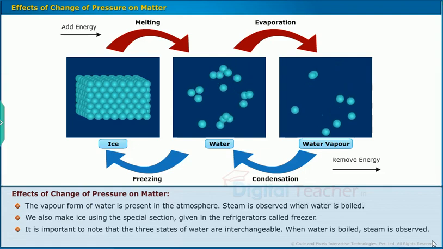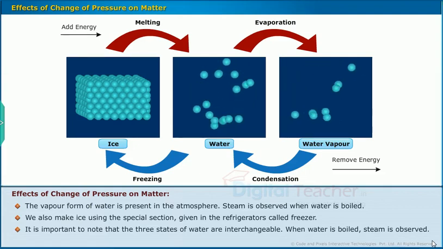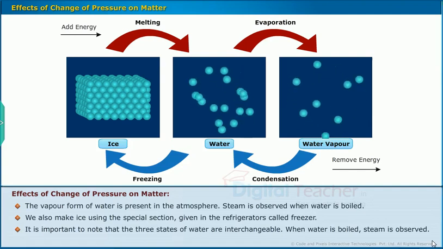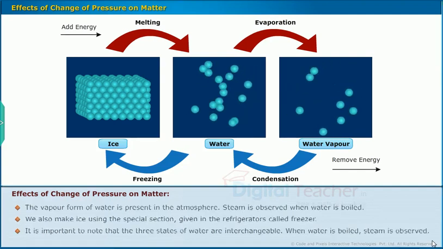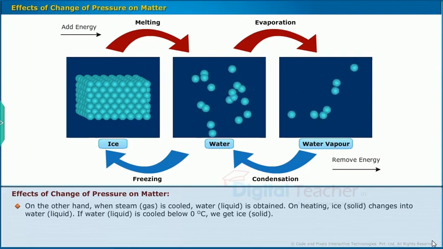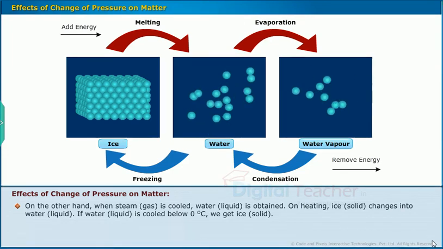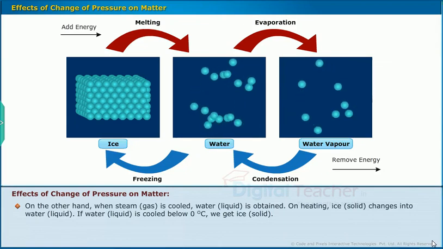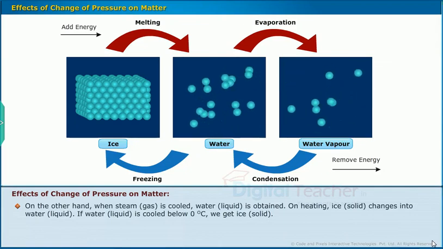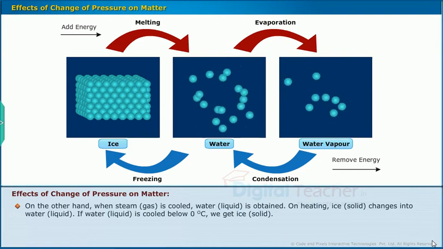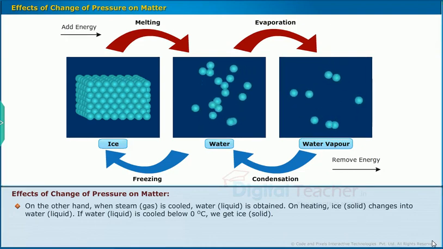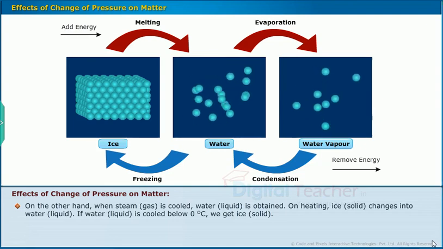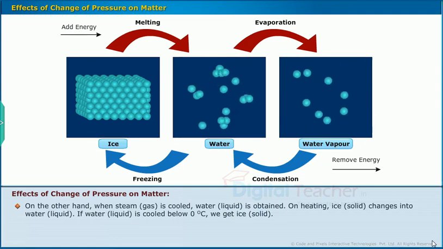It is important to note that the 3 states of water are interchangeable. When water is boiled, steam is observed. On the other hand, when steam, that is gas, is cooled, water, that is liquid, is obtained. On heating, ice, that is solid, changes into water, that is liquid. If water is cooled below 0 degrees centigrade, we get ice, that is solid.